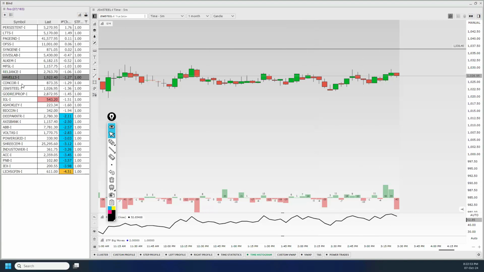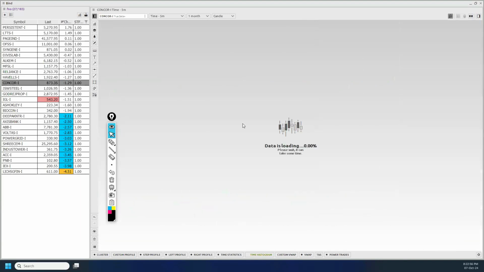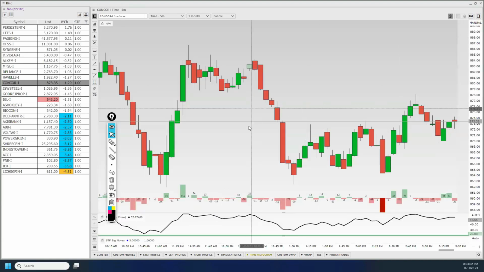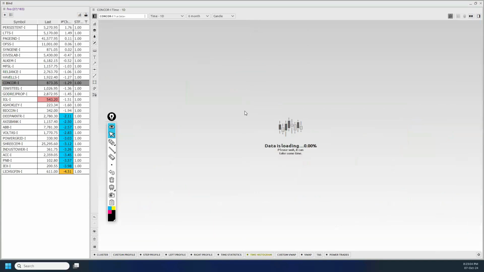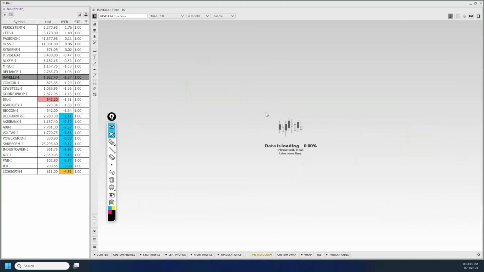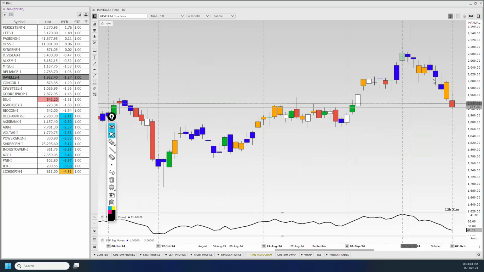Now go to Concor here. Continuation trade setup here. This didn't go up.